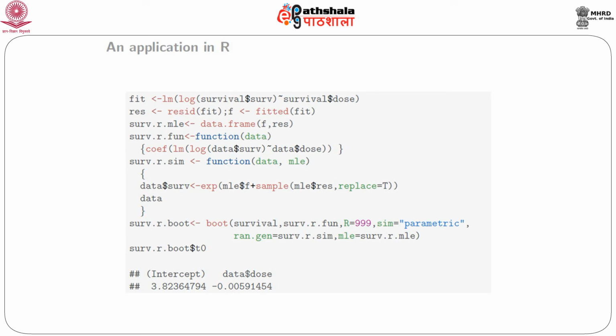And since the fitted values are on the log scale, because we had used log surf explained by dose, we take the exponential of that, and then we use the boot function once again, specifying the data to be survival, and the function that needs to be run is surf.r.fun, and using sim equal to parametric in the boot call. And once this is done, we get the effect of the outlier on the intercept and the slope.